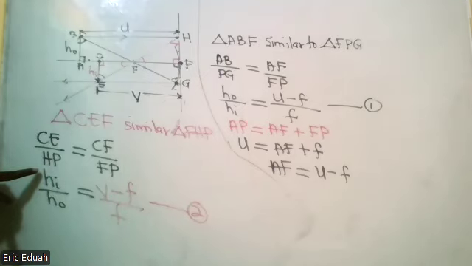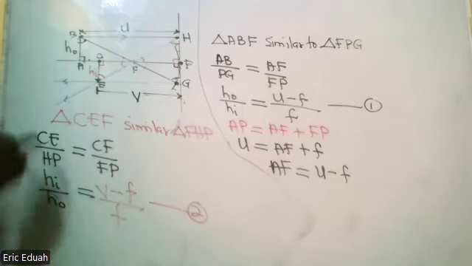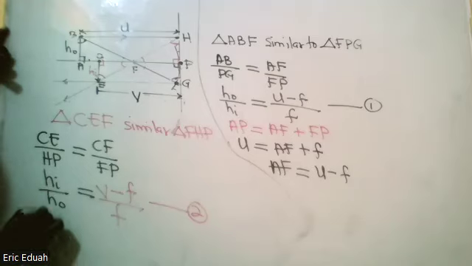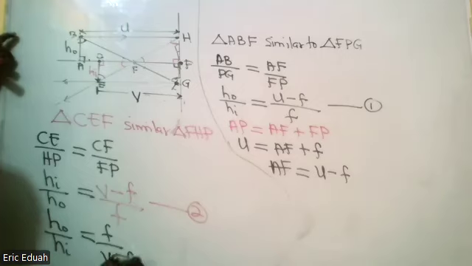This is HI over HO. We want equation 2 to look like equation 1, so we invert equation 2. When I reciprocate the left-hand side to have HO over HI, this will also be equal to F over (V minus F).